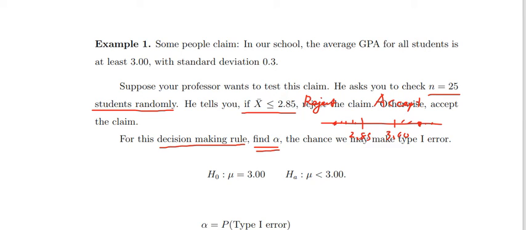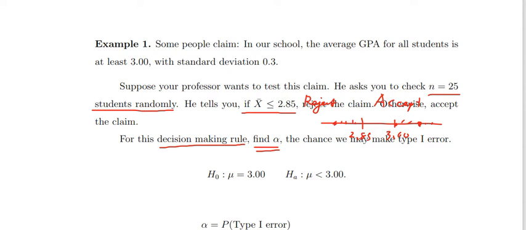At first we treat this problem as a hypothesis testing problem, H0 and HA. For H0 we put equal: H0 says at least 3, we just put 3, so we just check this point 3.